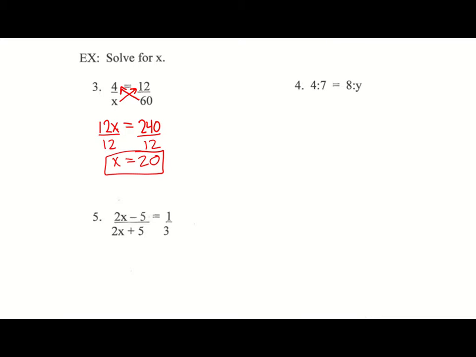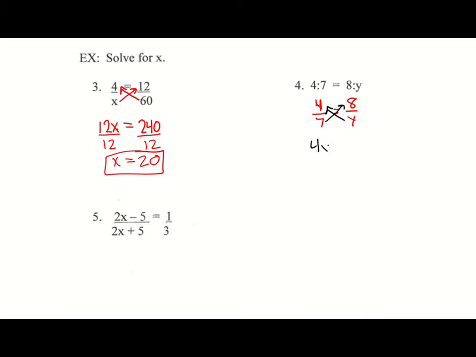And that's my answer. So same thing for number 4. We have two proportions equal to each other. They're not written as the same ratios as number 3, but we just learned that writing a ratio like this and writing a ratio like this is the same thing. So if I change my ratios to make it a little easier to cross multiply, now I can cross multiply.